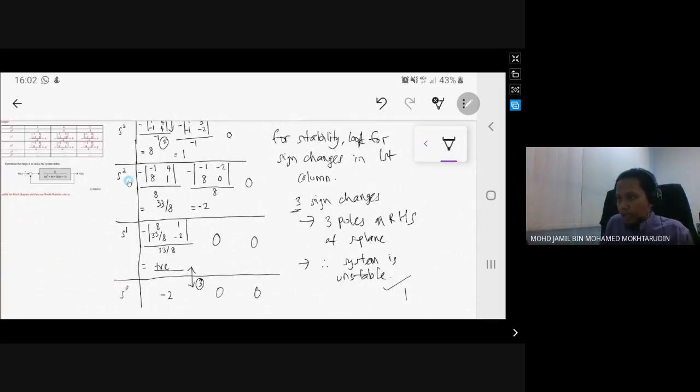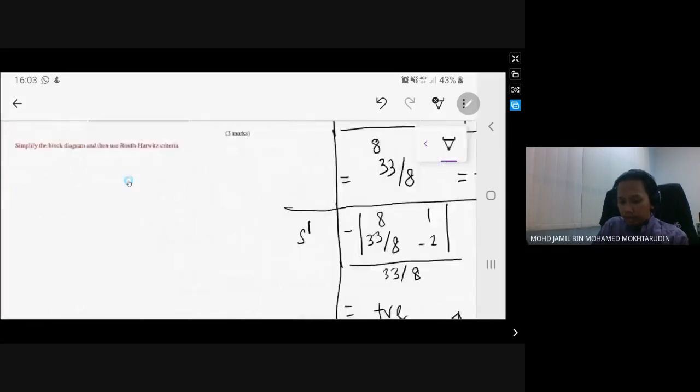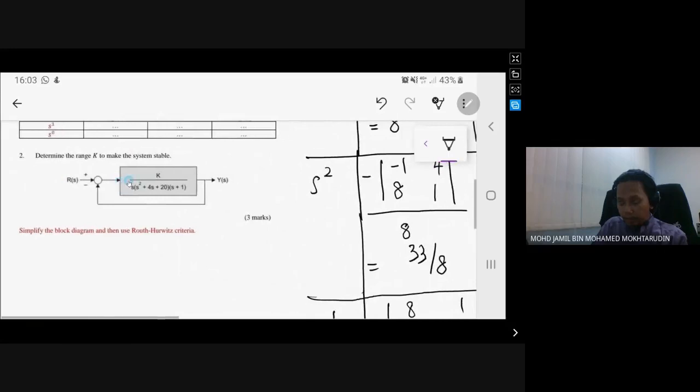Okay. So we look at question number 2. So for question number 2, it's a bit complicated, but not so complicated. So the question asks you to determine the range of K to make the system stable. So this kind of question is very famous in final exam, okay?